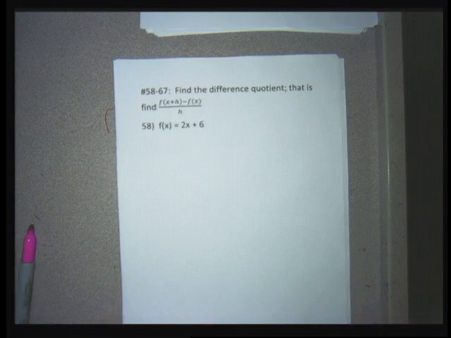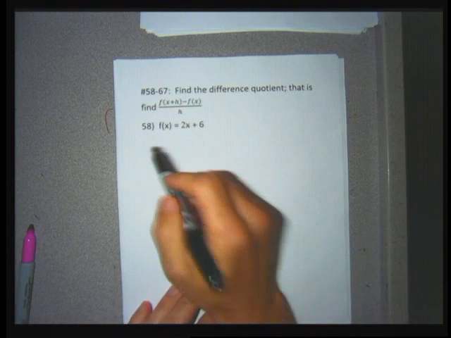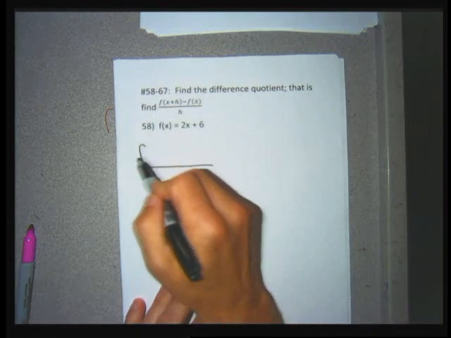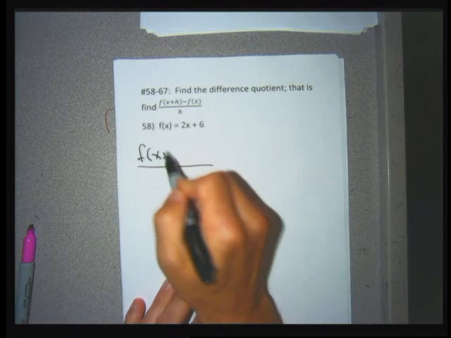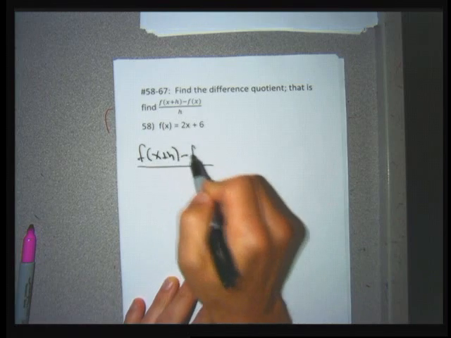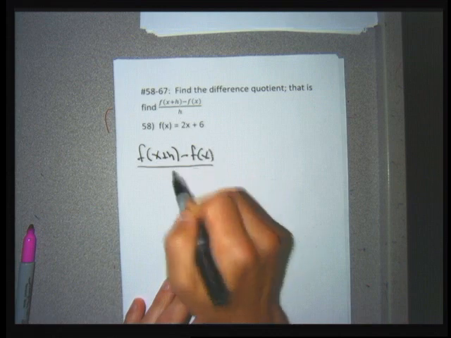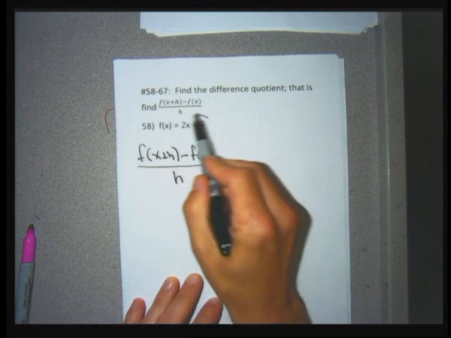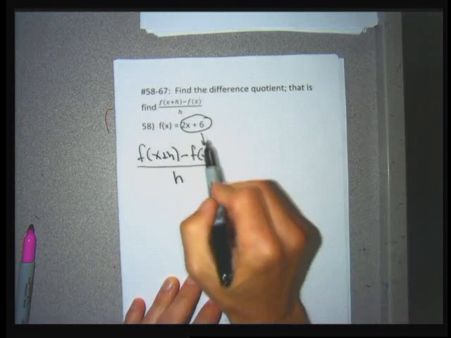So to do this, I need to find three things. This fraction asks me to find f of x plus h minus f of x over h. What I'm going to do is change f of x to 2x plus 6.